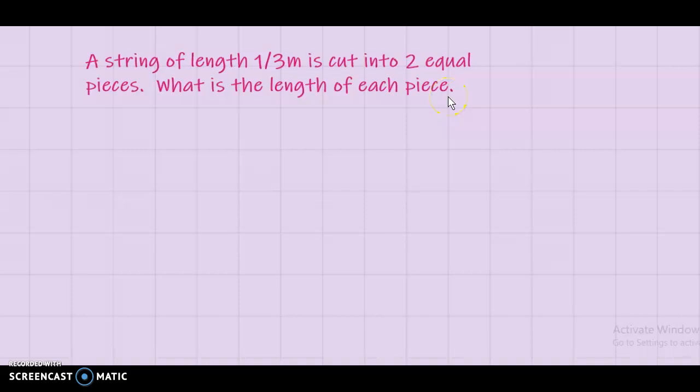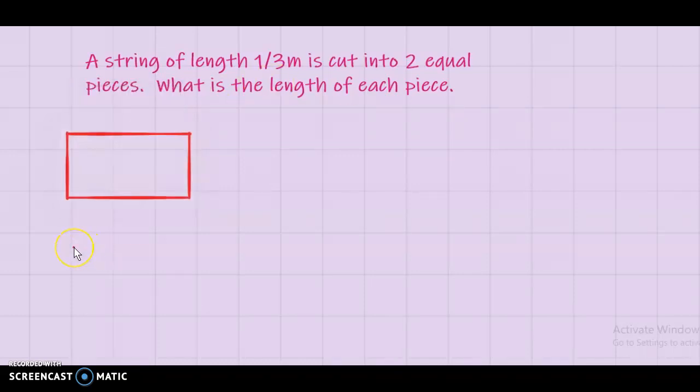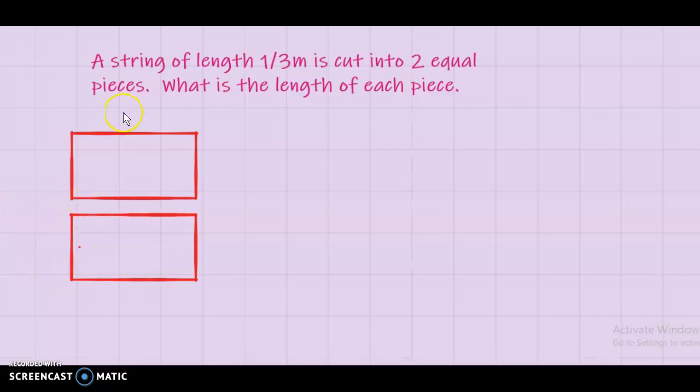I'm going to start by drawing a rectangle, and I'm going to copy and paste. All right, so now let's start with this first rectangle. We're going to cut it into thirds because the string's length is 1/3. So this entire rectangle is showing the whole.